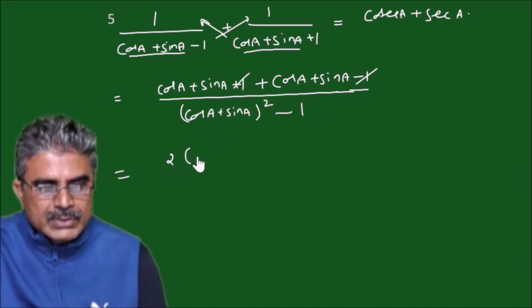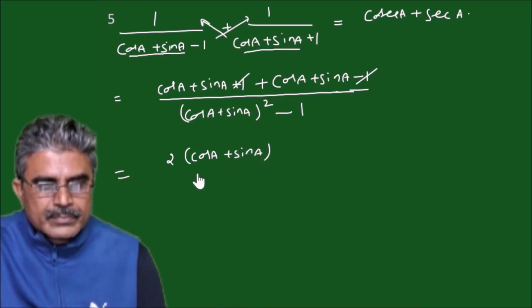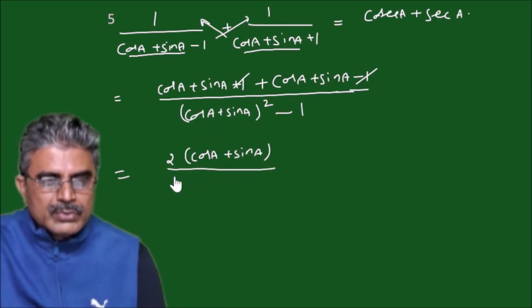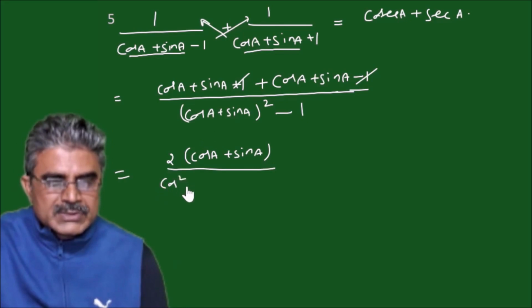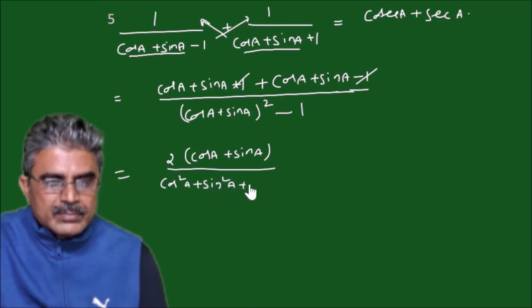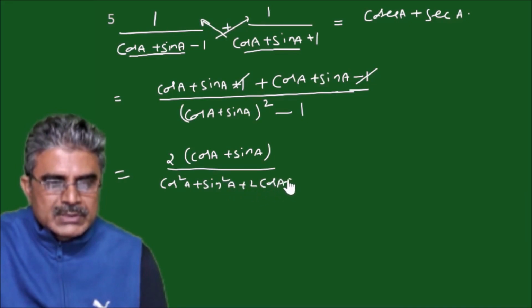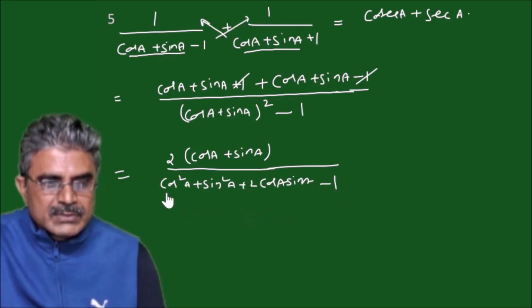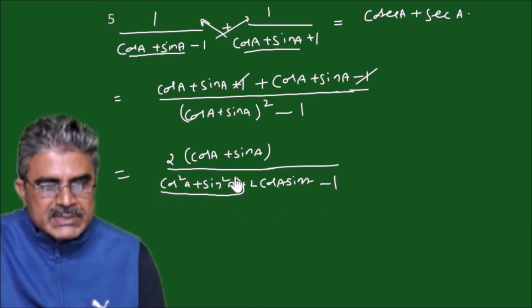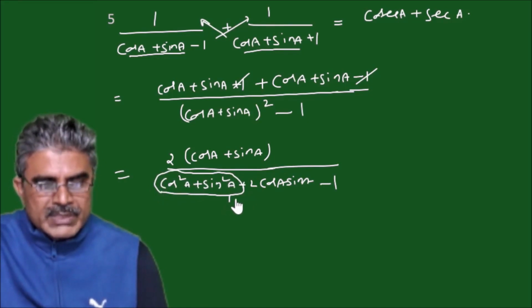You will have 2 into (cos a plus sin a) divided by, below you have this expansion, cos²a plus sin²a plus 2 cos a sin a, and this is minus 1. Since cos²a plus sin²a is 1 from the identity relation, plus 1 and minus 1 get cancelled.